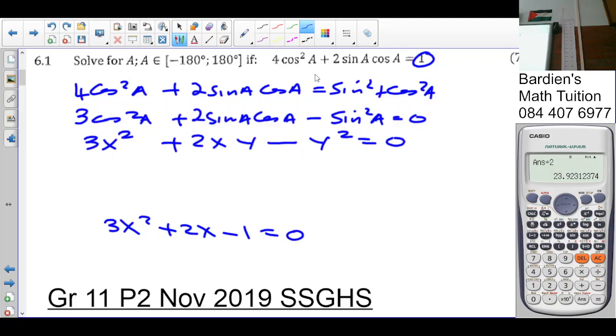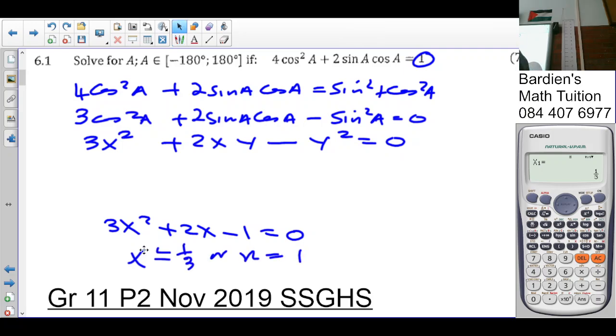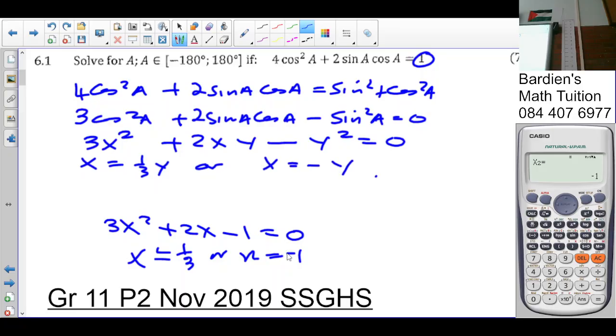If you factorize this, or you use the quadratic formula, some of you can factorize it. So they give you x is equal to a third, or x is equal to negative 1. So if you take this into account, then x is equal to 1 over 3y or x is equal to negative 1.